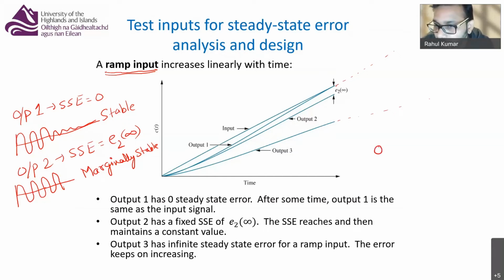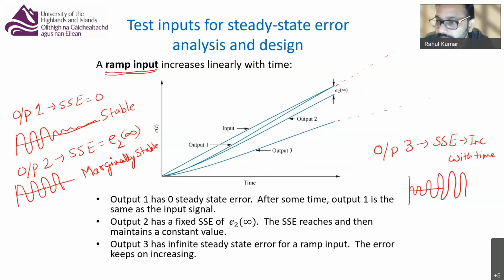So output 3 will have a steady state error that increases with time. That means the error is increasing with time, that is, my system will be unstable.